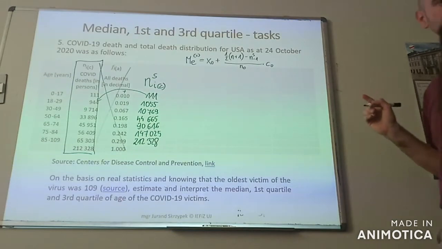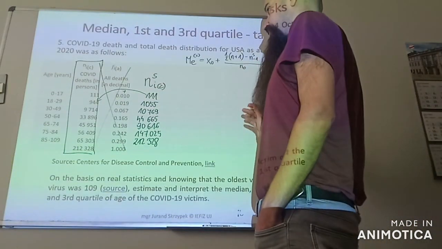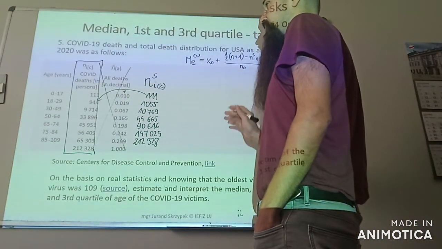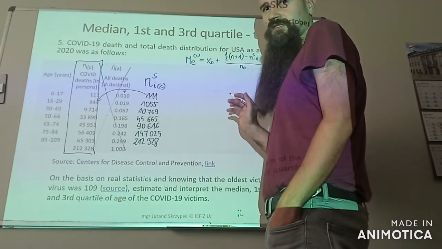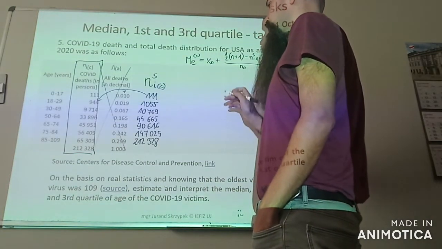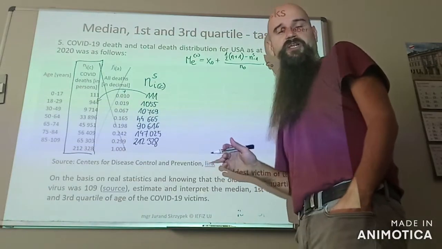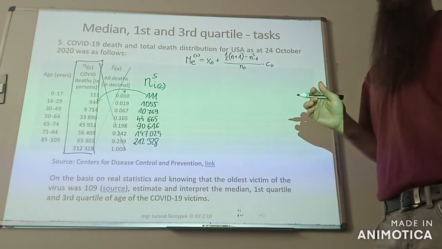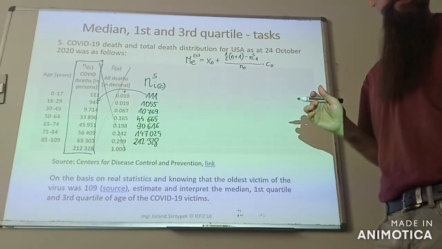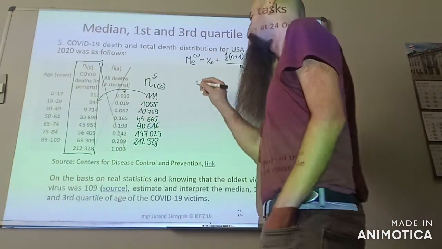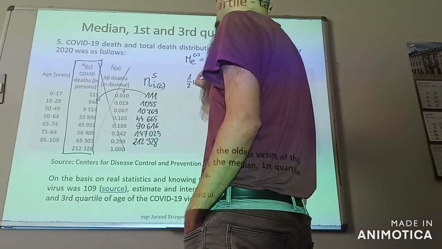Okay, and we know that the median is inside the class in which the cumulative frequency exceeds a half of the population for the first time. We need a half of the population.